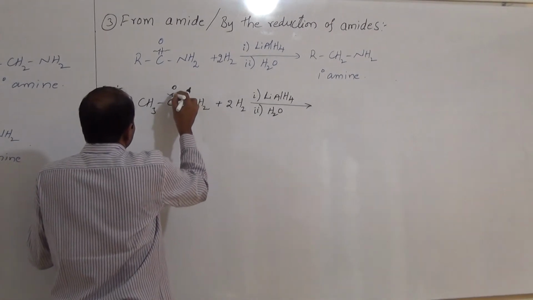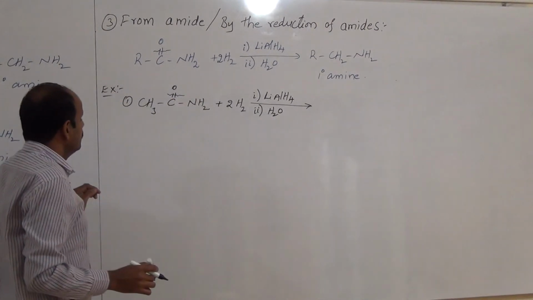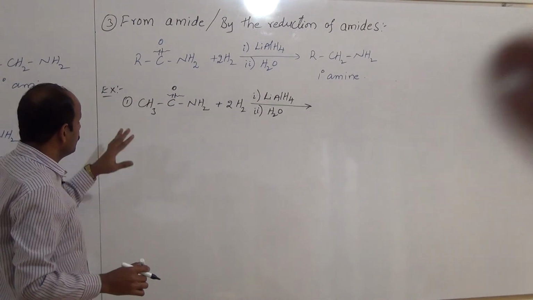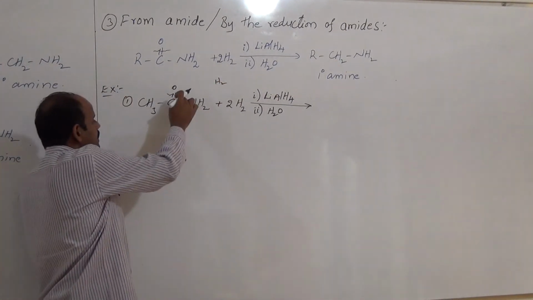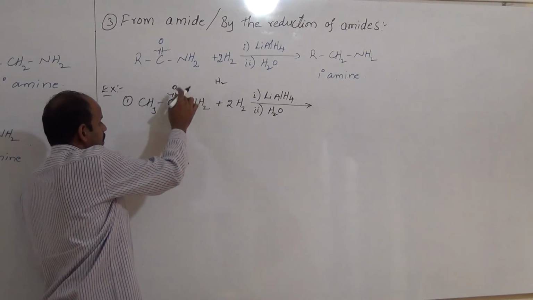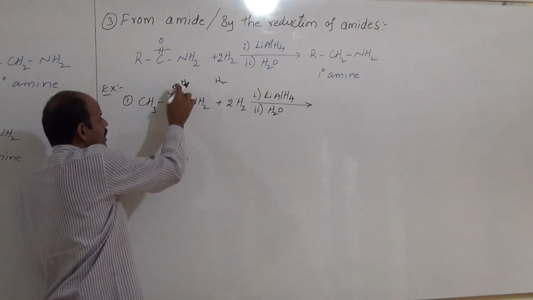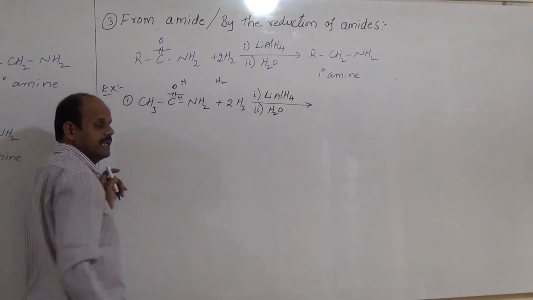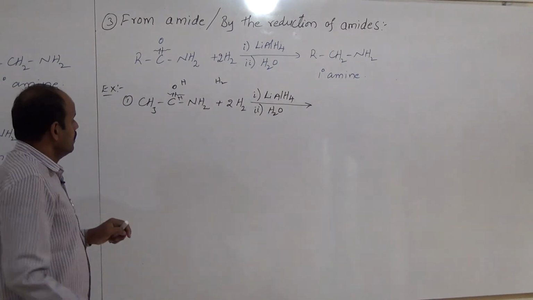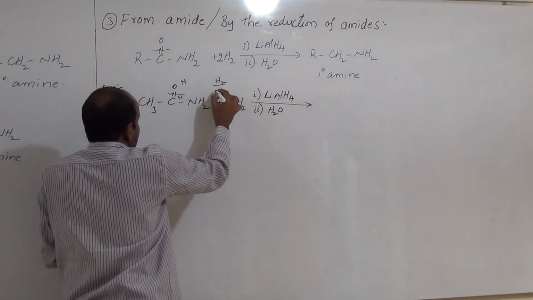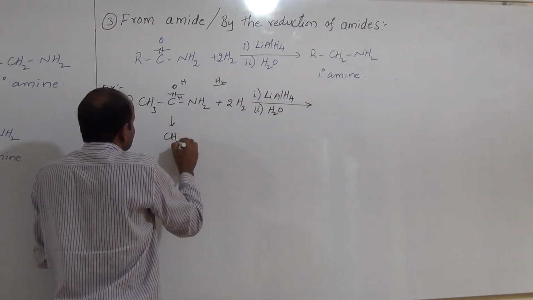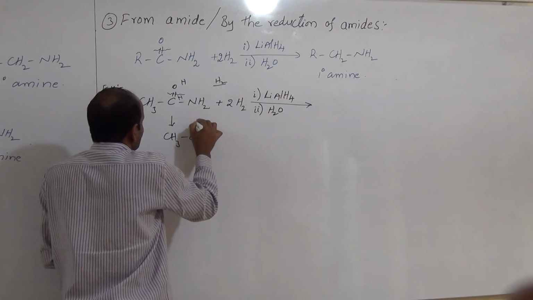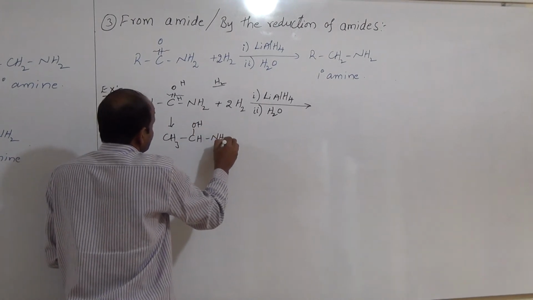These bonds will break down. After breaking the bond, one H is added to oxygen, one more is added to the carbon. One molecule is completed. Then we get CH3 CH, here OH, next NH2.